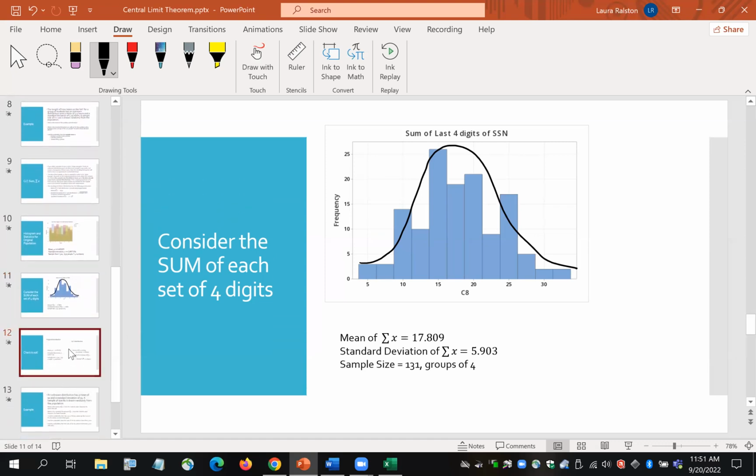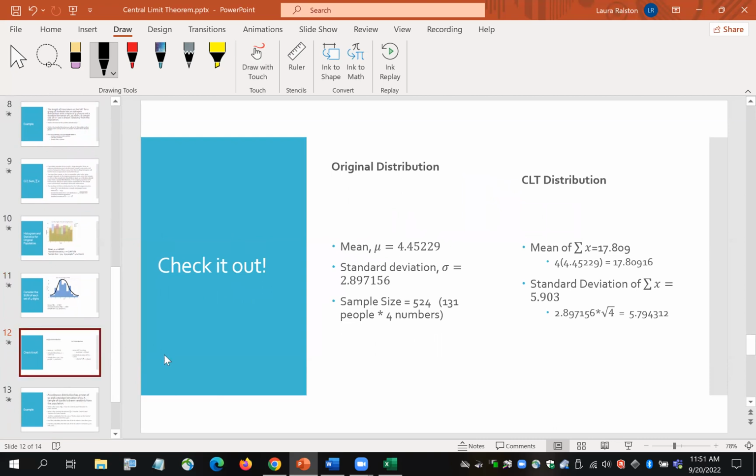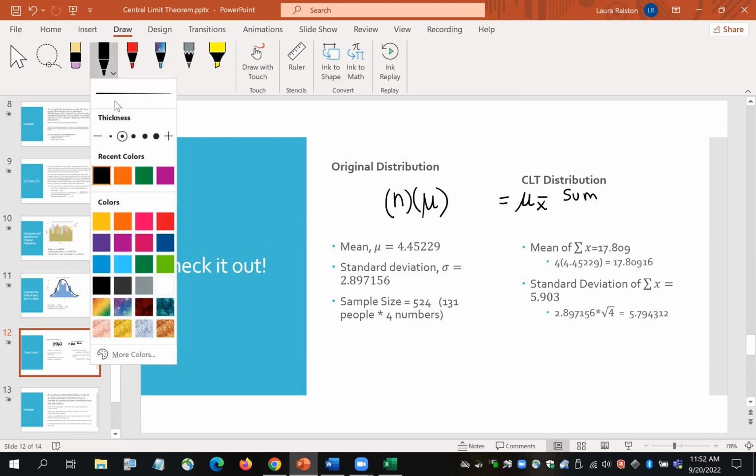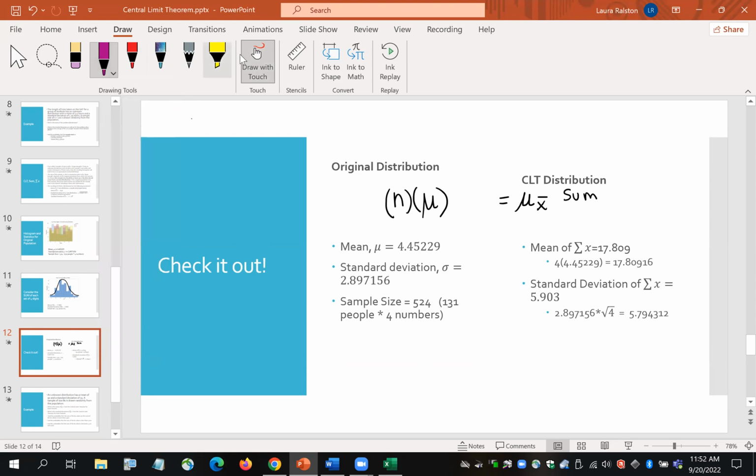If we put these numbers side by side, I just mentioned that the mean of the central limit theorem for the sum is n times the original mean. So let's see what happens with those numbers. The n was 4 because I had groups of 4.